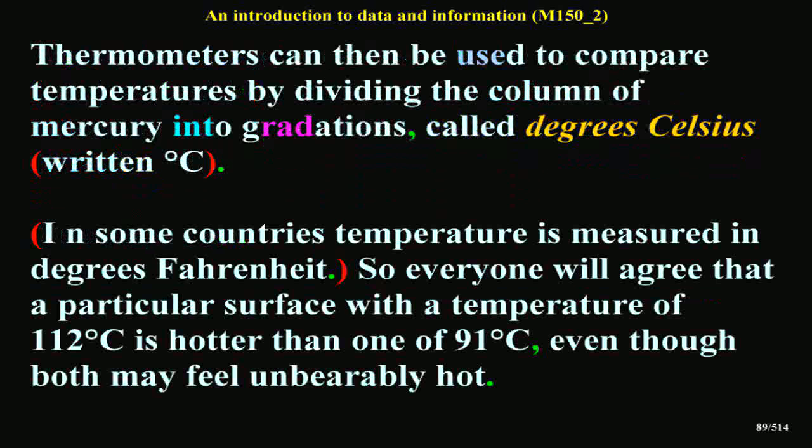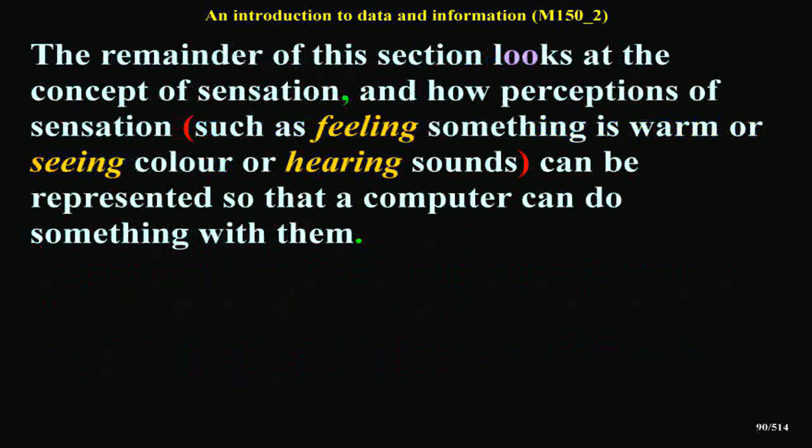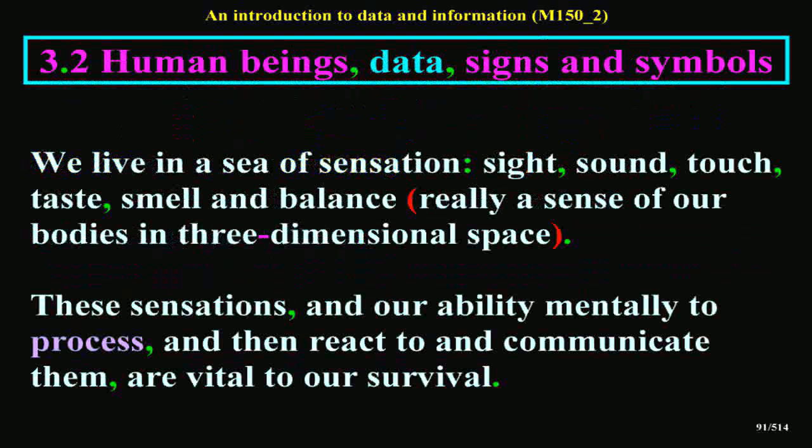So everyone will agree that a particular surface with a temperature of 112°C is hotter than one of 91°C, even though both may feel unbearably hot. The remainder of this section looks at the concept of sensation, and how perceptions of sensation, such as feeling something is warm or seeing color or hearing sounds, can be represented so that a computer can do something with them.